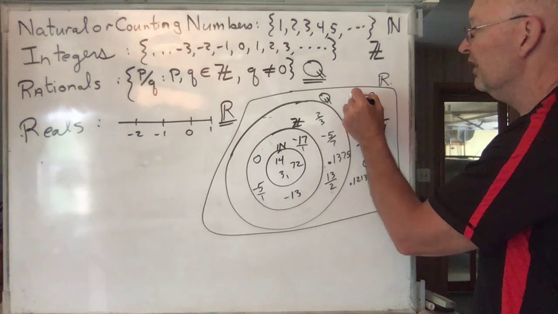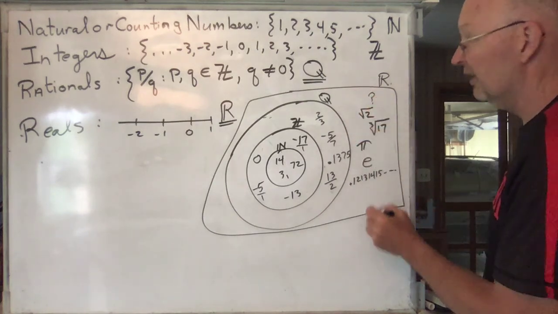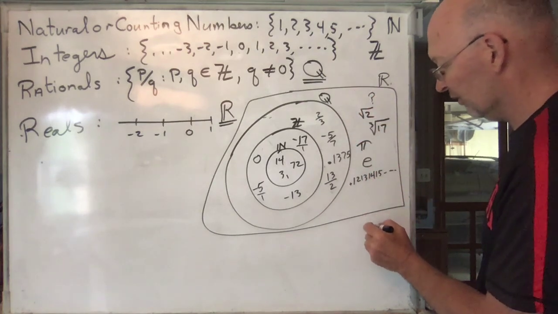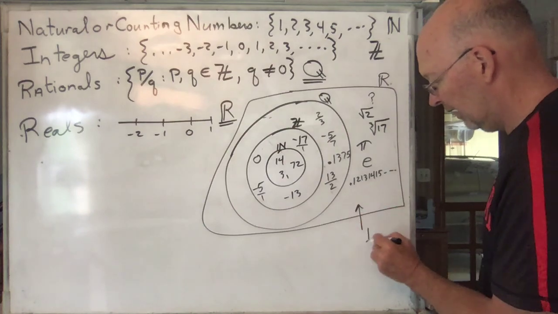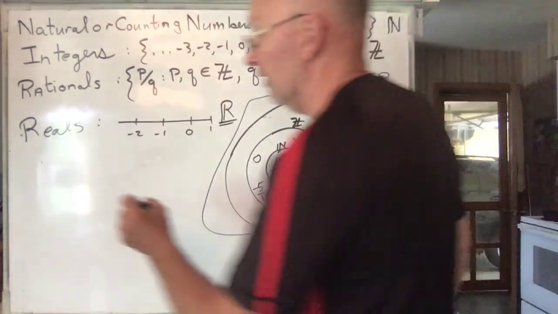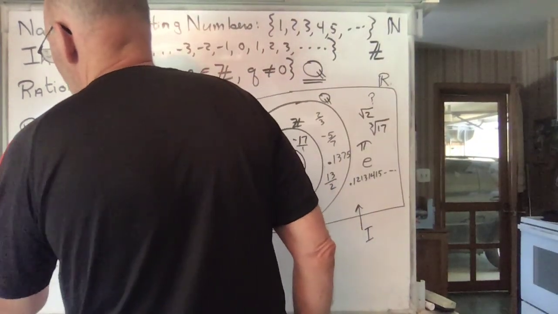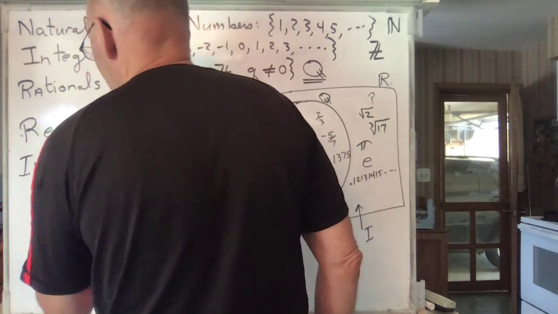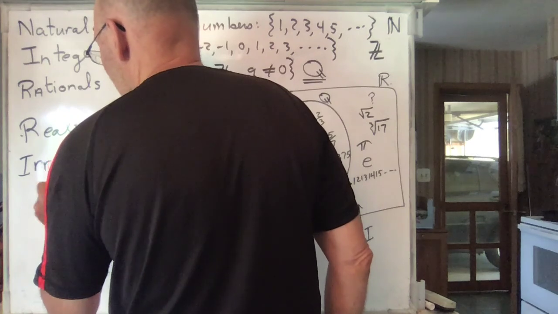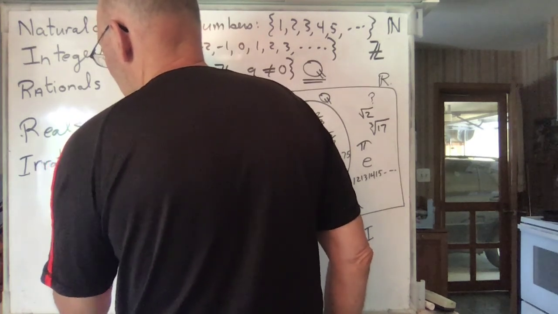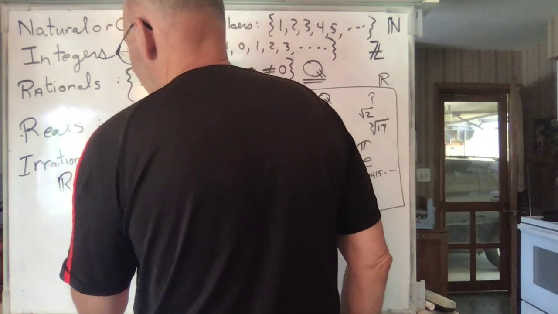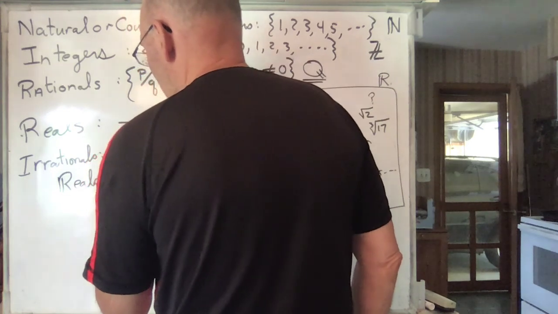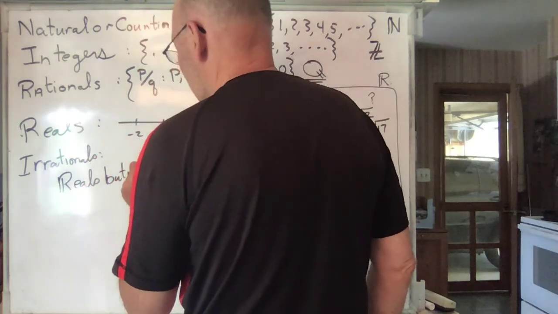So these are called irrational. So these right here are called irrational numbers. I'll just put a little label, and so those are there. So we'll say that the irrationals are real numbers, but not rational.